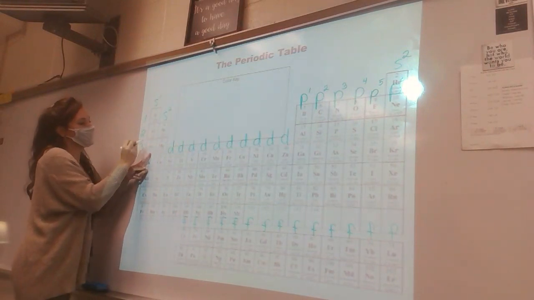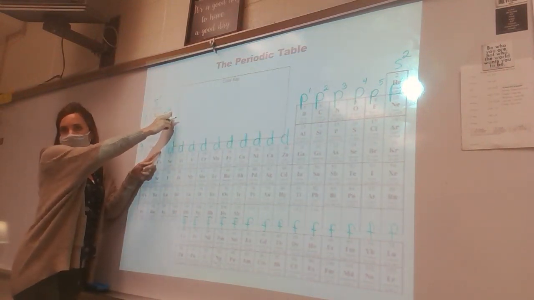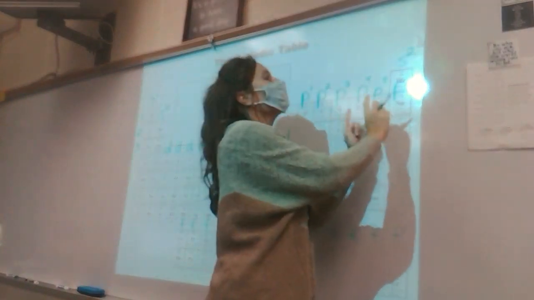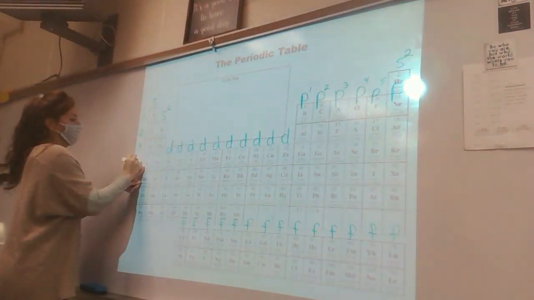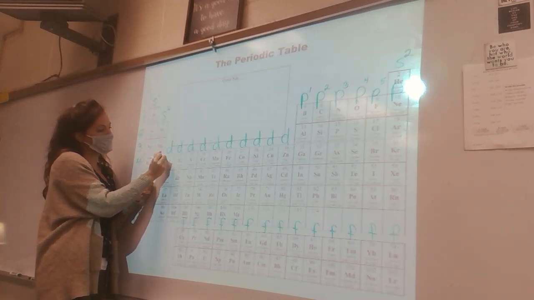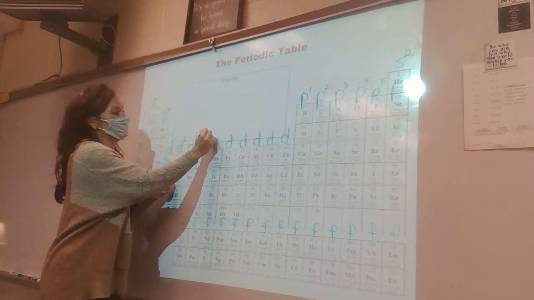This is 3s1, 3s2, 3p1, 3p2, 3p3, 3p4, 3p5, 3p6. We come here, 4s1, 4s2, and then it gets a little tricky. This is 3d1 to 10.